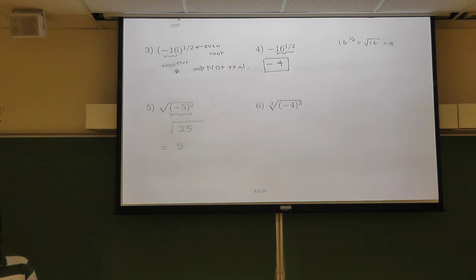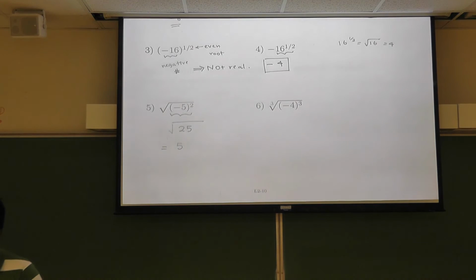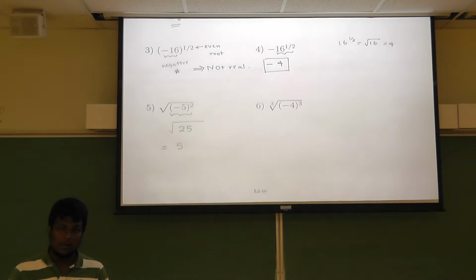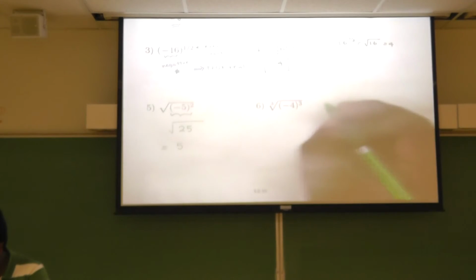And the other one is the cube root of negative 4 to the power 3. When it comes to odd roots, this weird thing of negatives becoming positive doesn't happen, so we don't really worry about that.